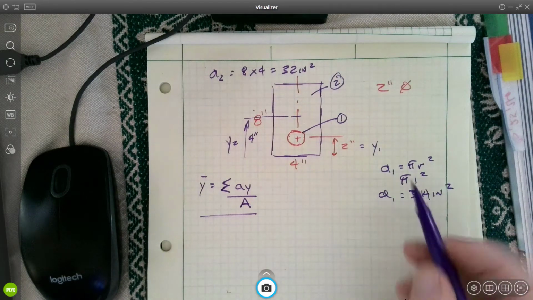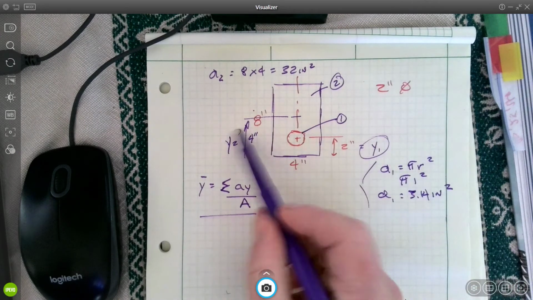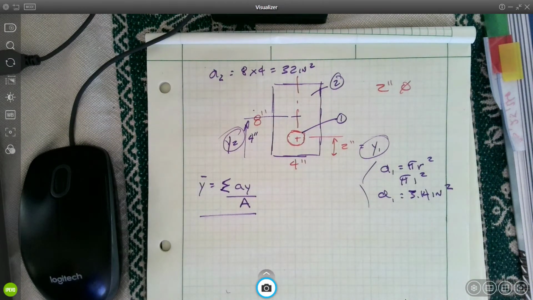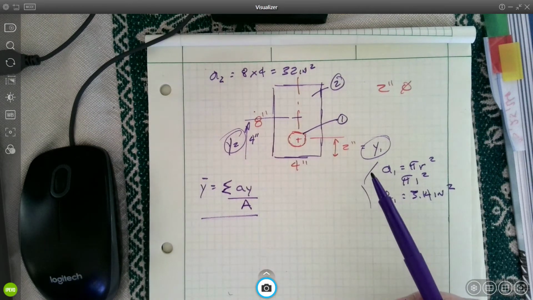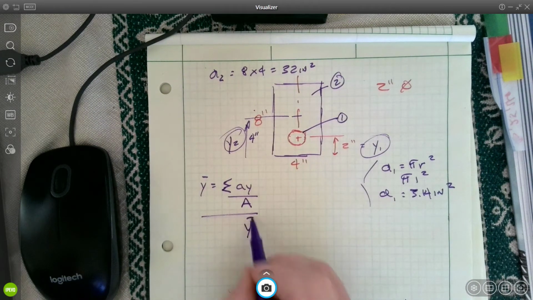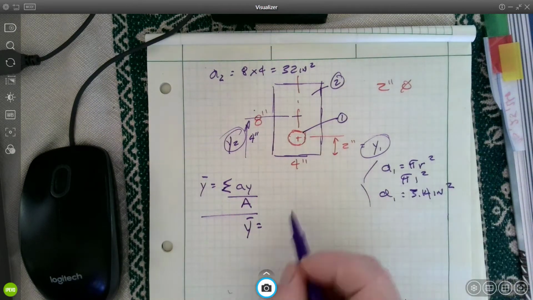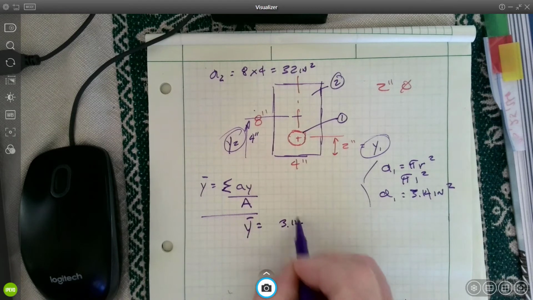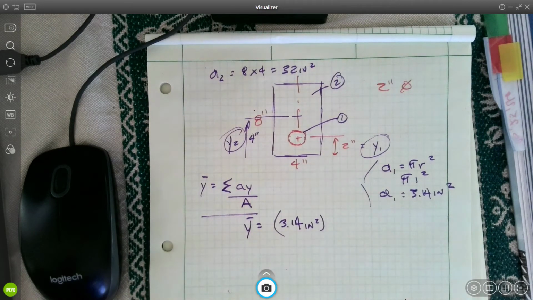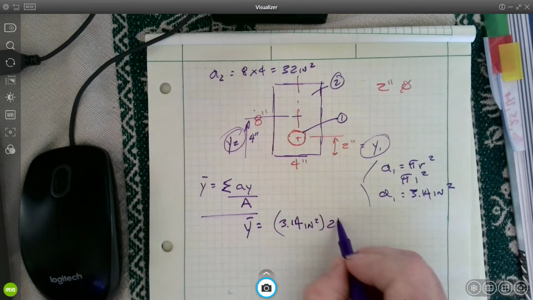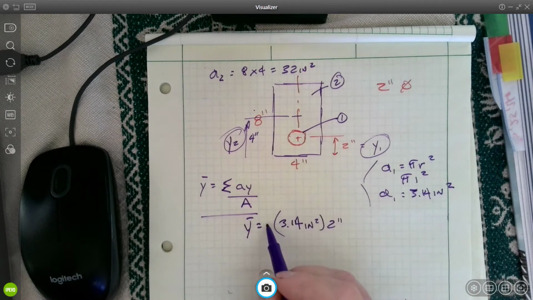All right, once you have those areas and y distances, then you can fill in your formula. Remember that holes you subtract and solids you're going to add. So y bar in this case is going to be area 1, that's my 3.14, times y1, 2 inches, minus, oh, that's a negative, right? So that's a negative.